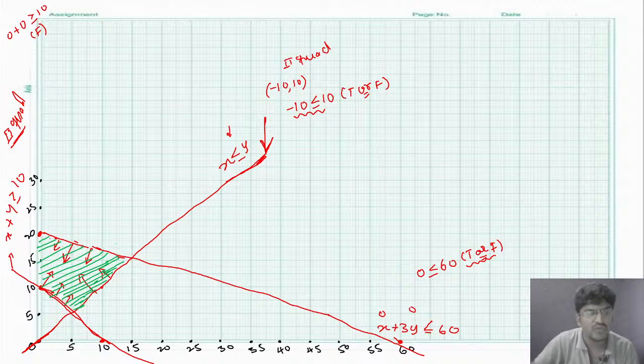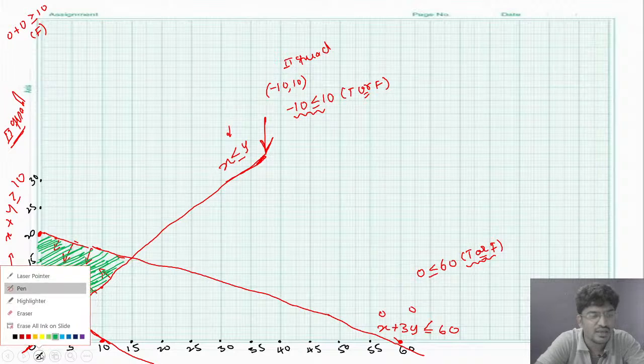So now we got the visible region. Using this visible region, now we have to find the maximum and minimum.